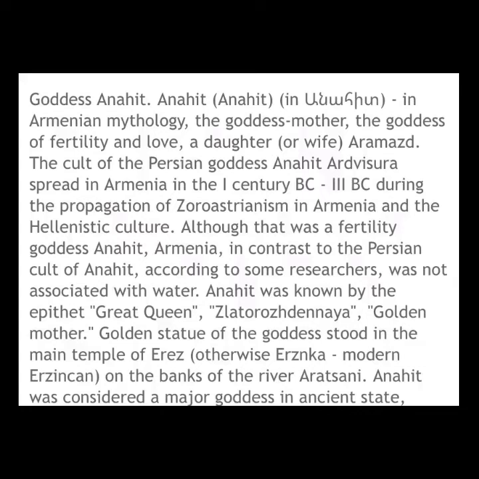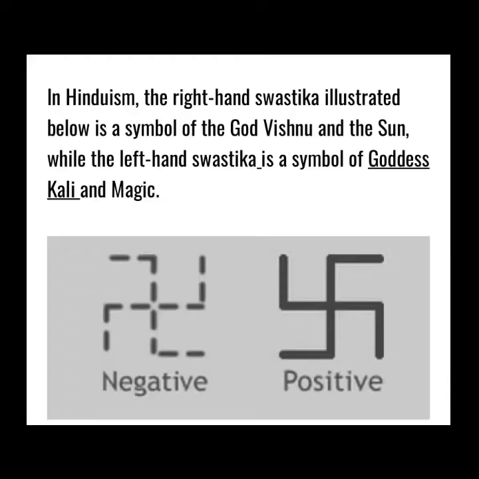The right-handed swastika is different than a left-handed swastika. The right-handed is the symbol of God Vishnu and the sun, and the left-handed swastika is the symbol of goddess Kali and magic. But I would have to say that it is the goddess of Armenia. One reflecting male, one reflecting female.